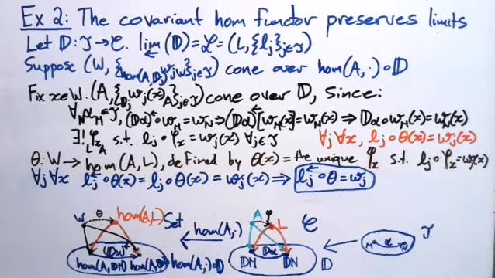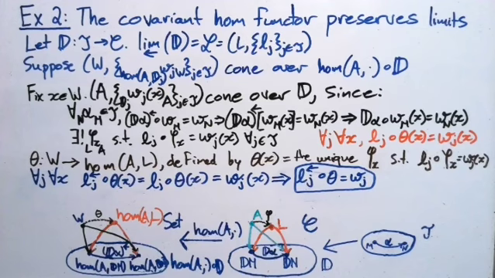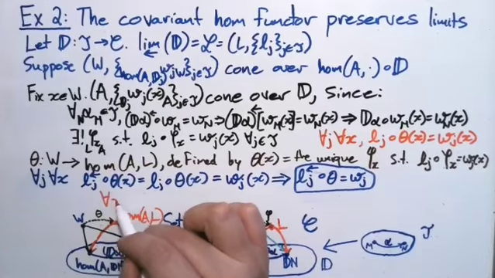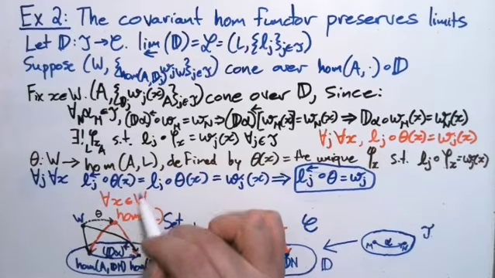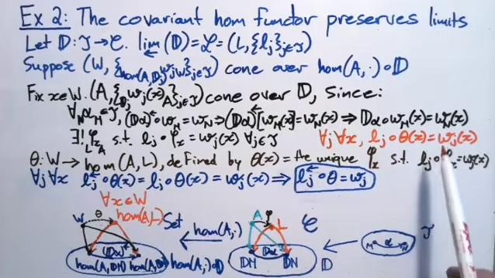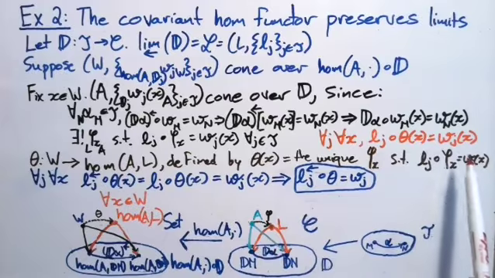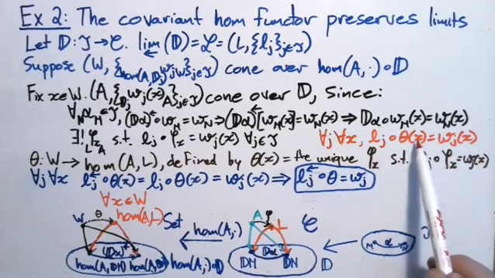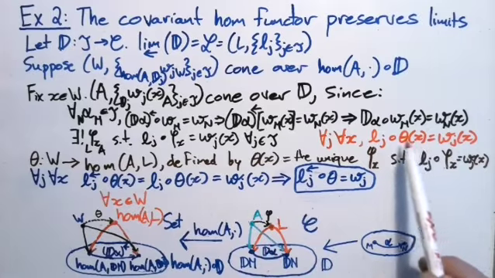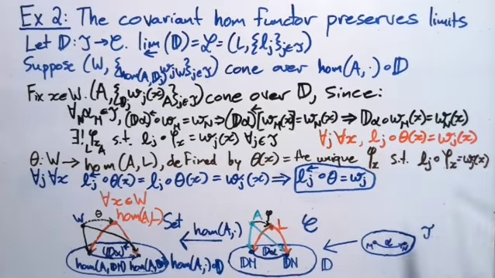So every leg commutes, and the only thing we need left to prove is that it's the unique one that does it. It's the only morphism that commutes with all of these legs. But it is unique because there's only one way to define it, right? Because for any x in W, this equation means that theta of x has to satisfy this equation, and for each x, there's only one morphism that allows this equation to be true, right? That's what we said this unique phi was.